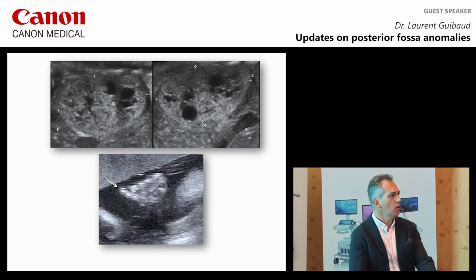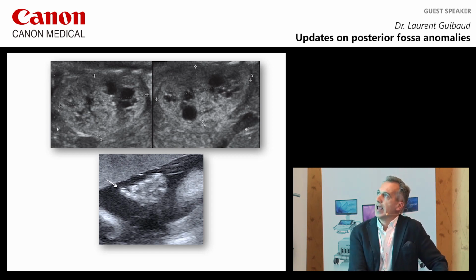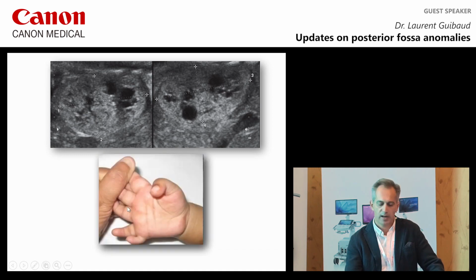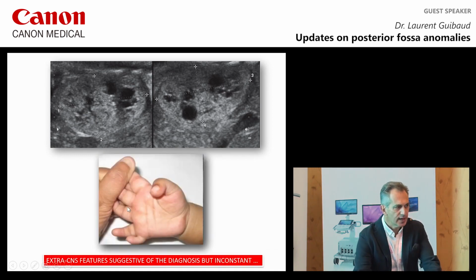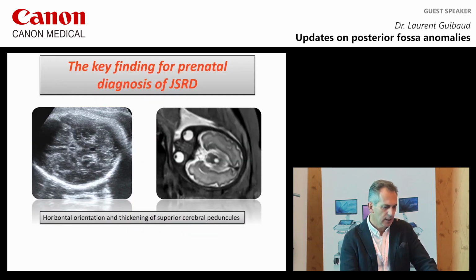You may also have extracerebral findings, such as echogenic kidneys. Most of them are large and associated with some cysts within them, and postaxial polydactyly, as seen here. But these extracerebral features are inconsistent.